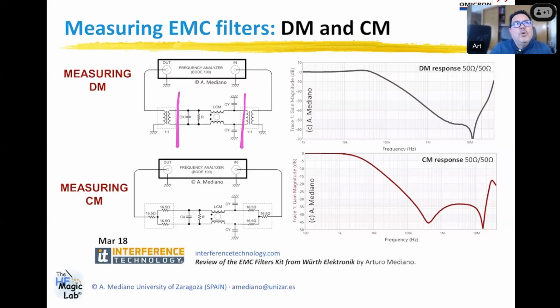They are one-to-one transformers, so you calibrate at these reference planes to remove the effect in frequency of the transformers. In this way, when you are measuring differential mode, for example line to neutral, you are not short-circuiting the lower part of the filter, because the output of the analyzer is connected to the same ground system. If you are interested in common mode, ground is ground, and you can use this power divider and power combiner to maintain 50 ohms at the ends of the filter.